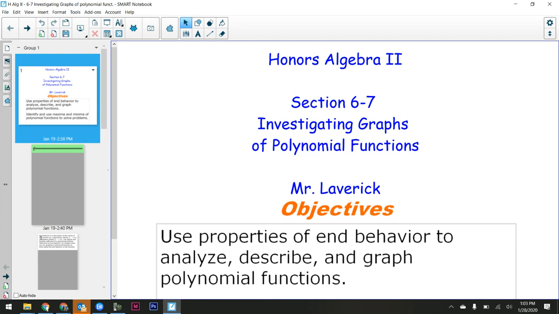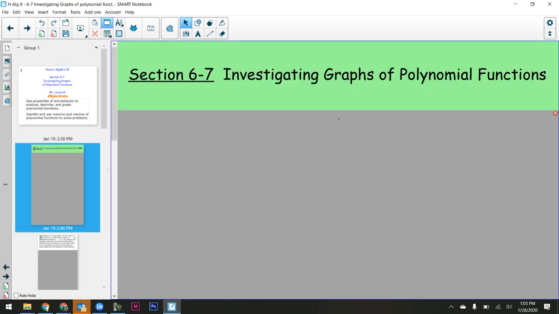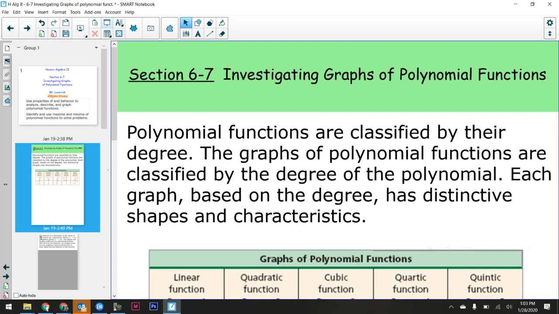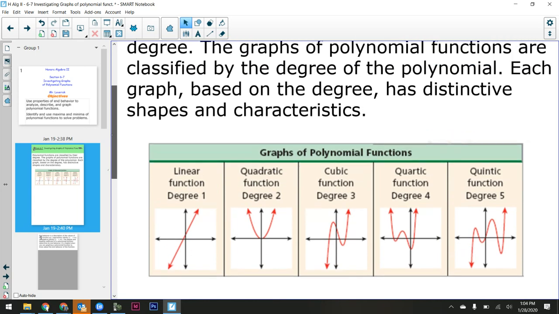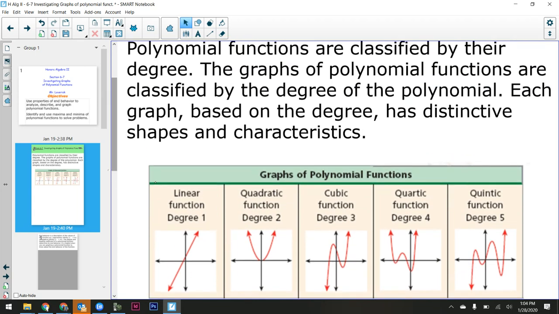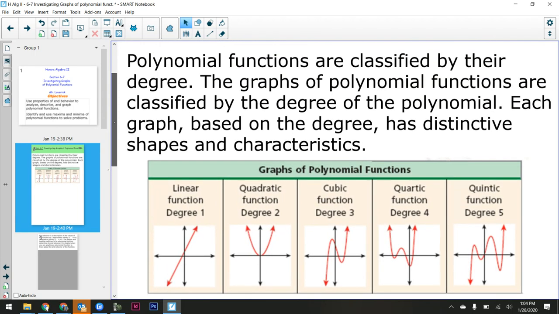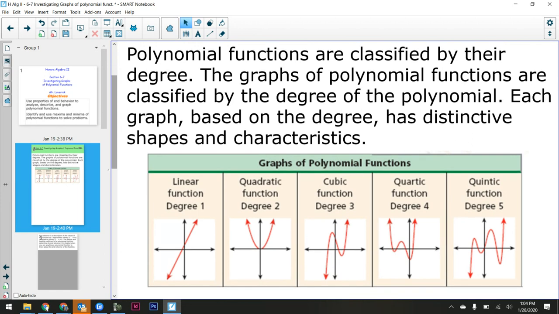Now, to do that, let's start by looking at some patterns. At the beginning of the year, and you don't need to have this chart in your notes, this is not anything you need to write down, we looked at a bunch of different parent functions. These are the polynomial parent functions.